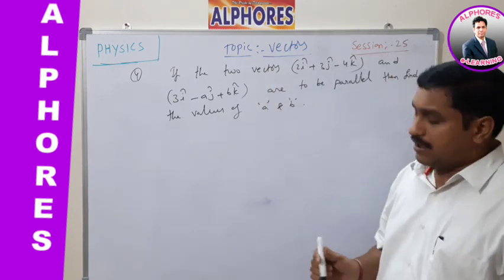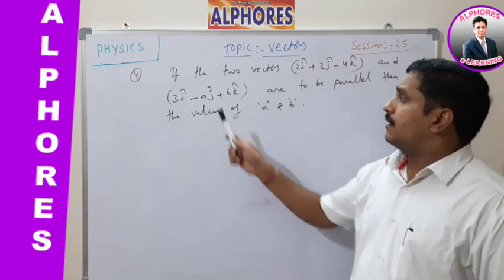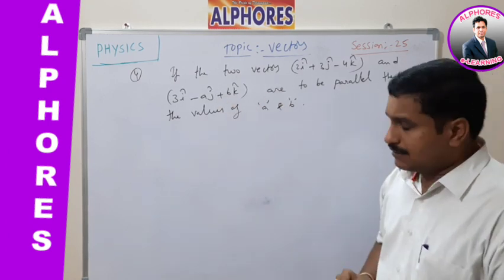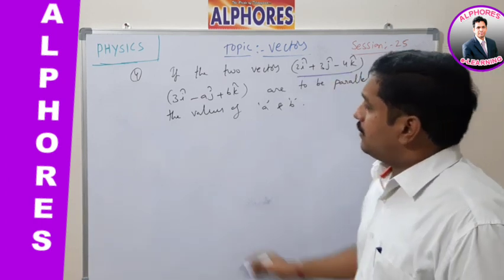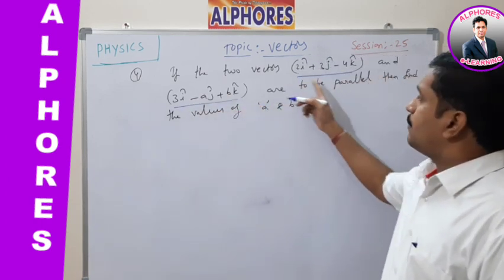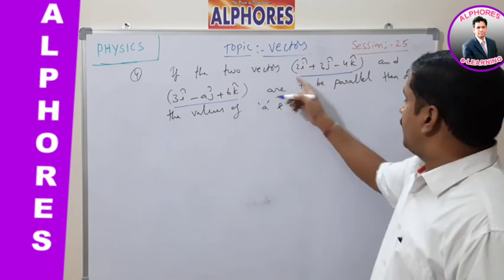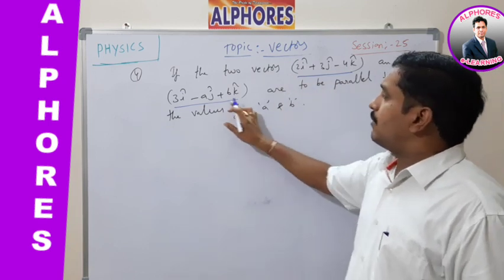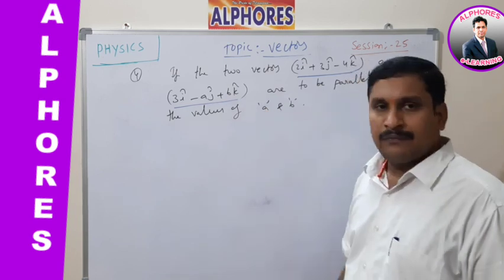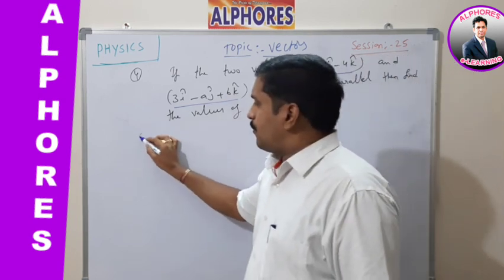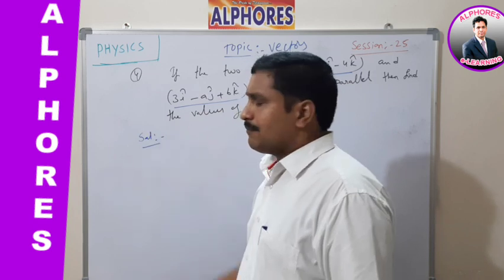Now in this question, what data is given? If the two vectors, like here, this is one vector and this is some other vector, are parallel, then I have to find the values of the constants A and B. We know already. So before going to the solution, how to approach this problem?